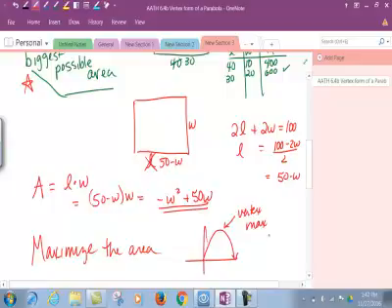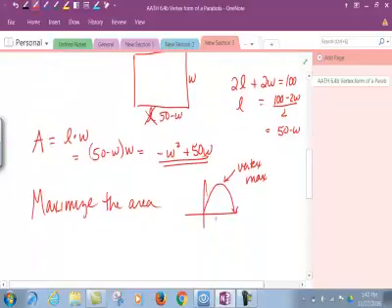So if this graph that I've just sketched really quickly is showing the width versus the area, then if I found the width that gave me the tallest point on this graph, I would have the width that maximizes the area.